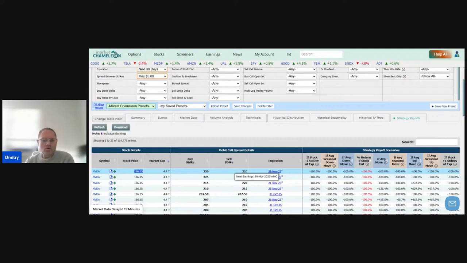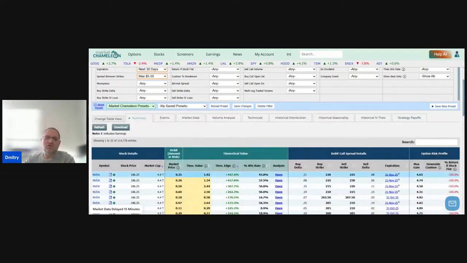So one way we could look at it is, what if the stock moved up one standard deviation or down one standard deviation? That would be one way to look at the potential payoff of this. We could see here that this call spread is way out of the money.